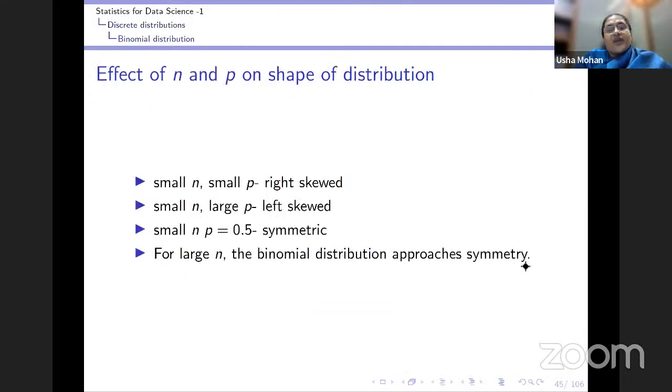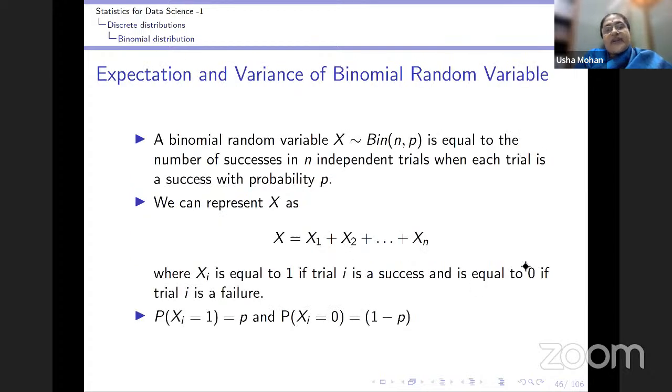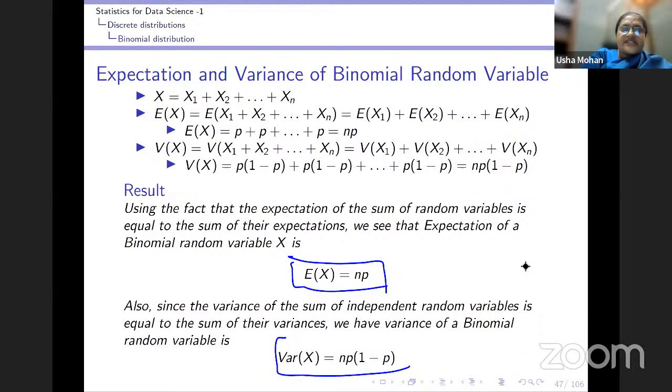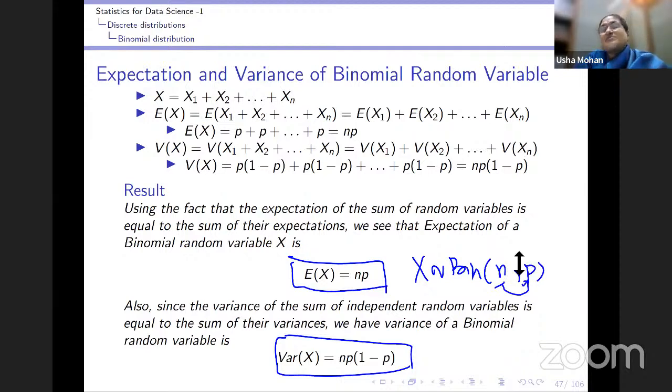Now, the expectation and variance of a binomial random variable. Expectation is nothing but n into p. The variance is np into 1 minus p. I'm not going to derive that here. If X is a binomial distribution with parameters n and p, these are called the parameters of the distribution, so I specify what n and p are.